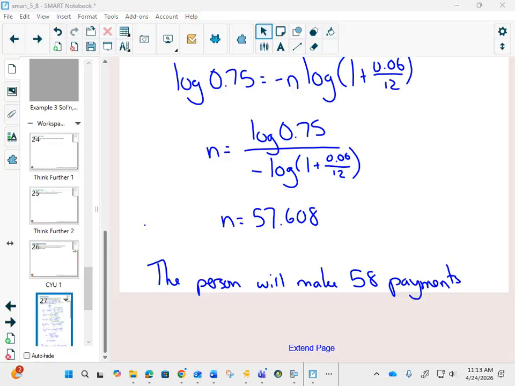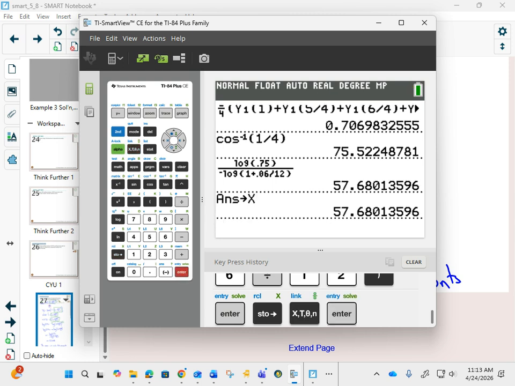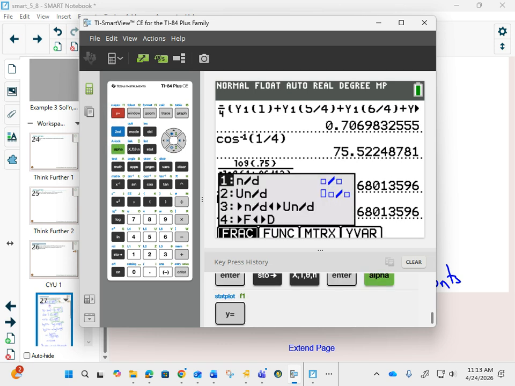Again, anytime you're solving these equations, I can either use the answer button or I can use my store button. I'm going to store this answer as X, and I can check if I rewrote the original question out.